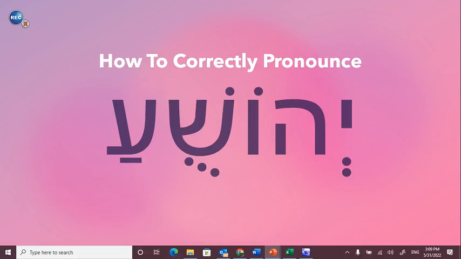And so we're going to break down this name and set the record straight once and for all on how we should be pronouncing the Messiah's name. All right? How to correctly pronounce this name, Yehoshua.